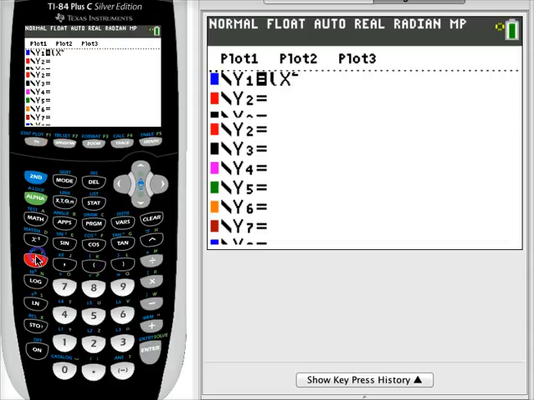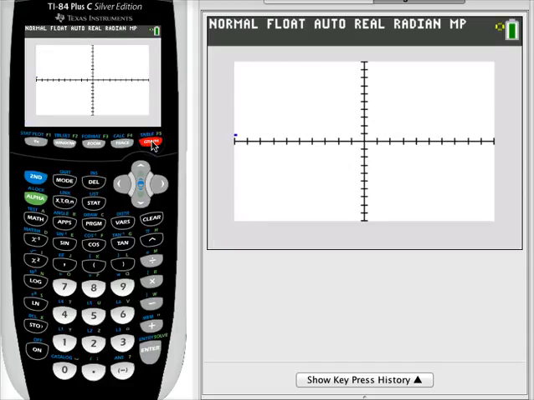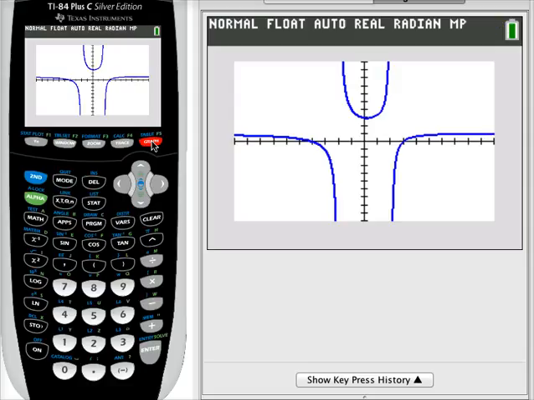So x squared plus x minus 12 and putting parentheses on the bottom, x squared minus 4. So I type that into my y equals, and now I'm going to graph this. And that is what my graph is going to look like.